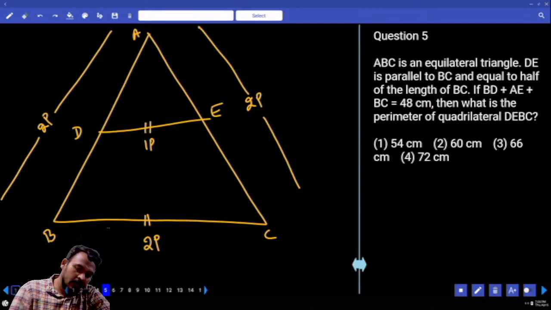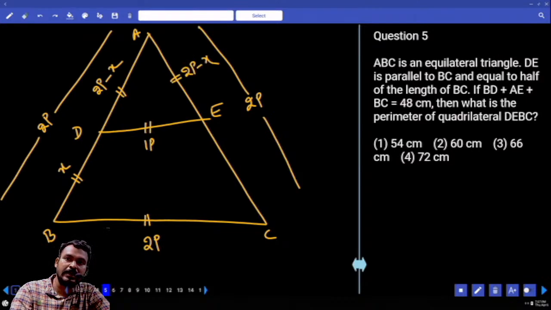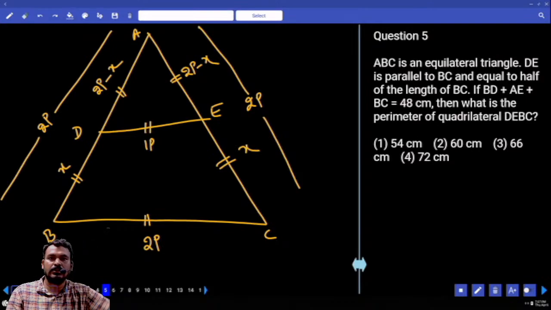Yes sir. Suppose BD value I consider x. BD value x, then AD value 2 parts minus x. Next, if it is x, 2 parts minus x means another one also 2 parts minus x. This one is x value because it is a trapezium.